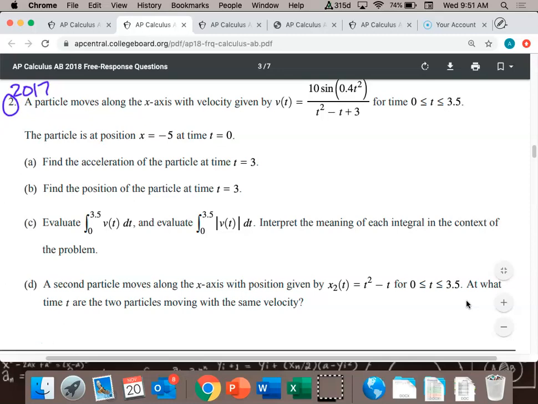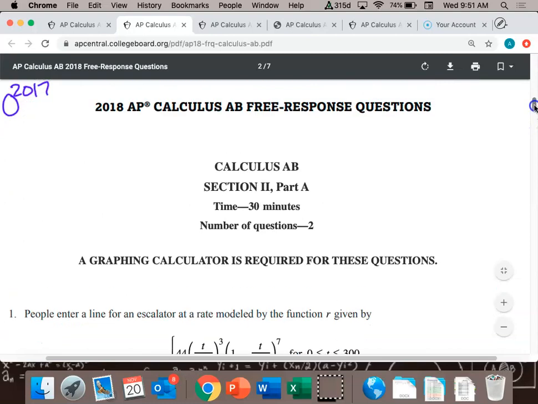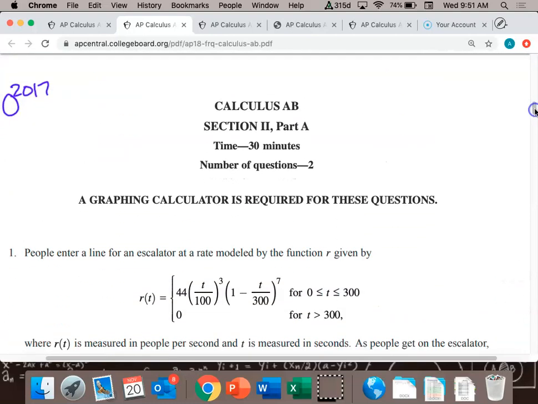It tells you at the very beginning, this is the beginning of part A, free response, 30 minutes, 2 questions, so 15 minutes a question. Calculator is required for these questions, right?